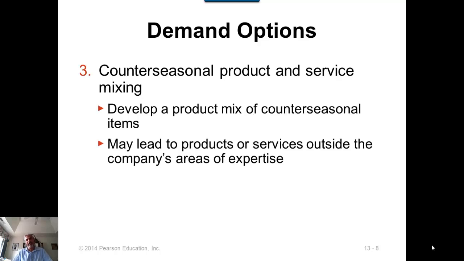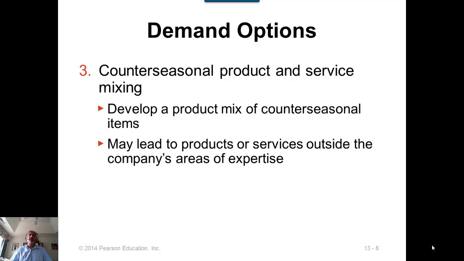And one more thing a lot of companies consider is to have counter seasonal products. So if demand for one product goes down during summer, you complement that product with another product whose demand goes up during summer. So it's kind of counter cyclical, and the ups and downs of the different product lines average themselves out, so the overall production level needed would be the same. So for example, heating and cooling.